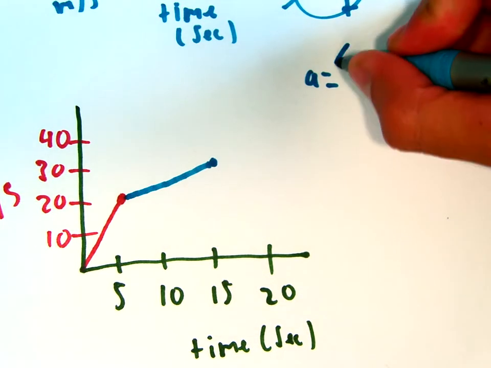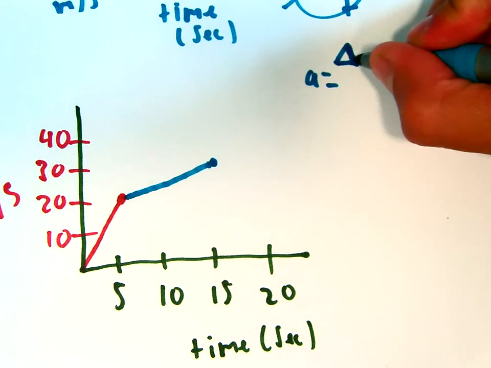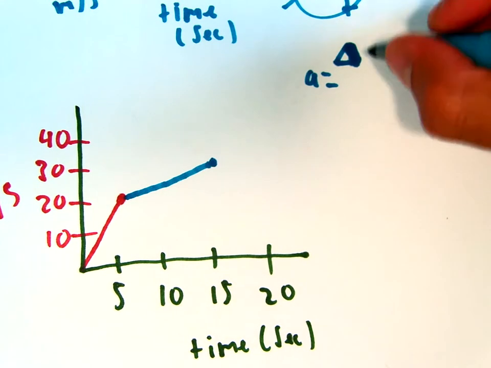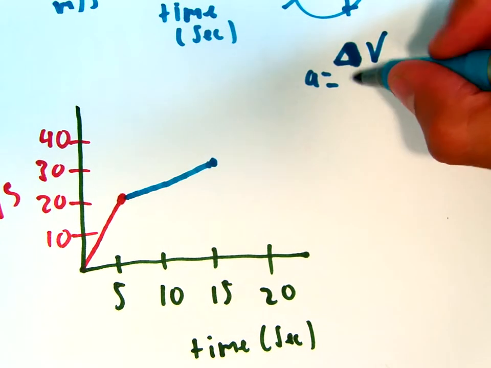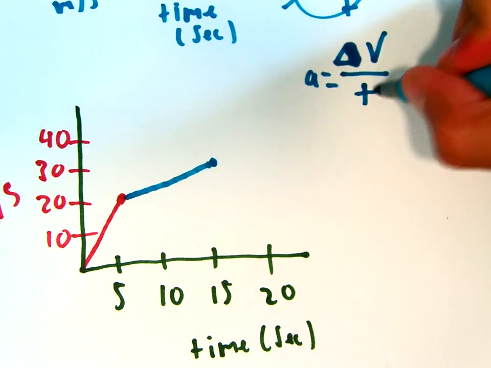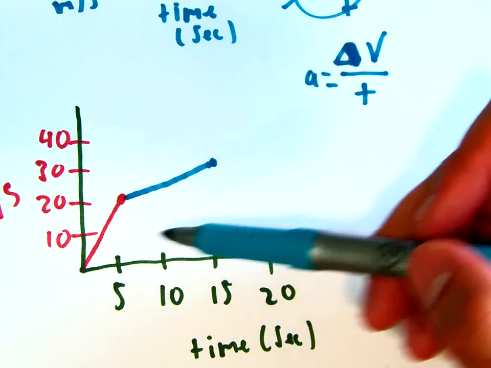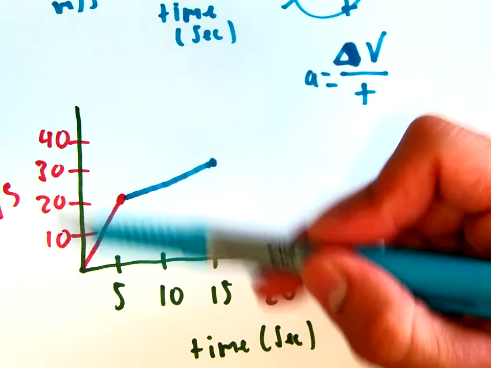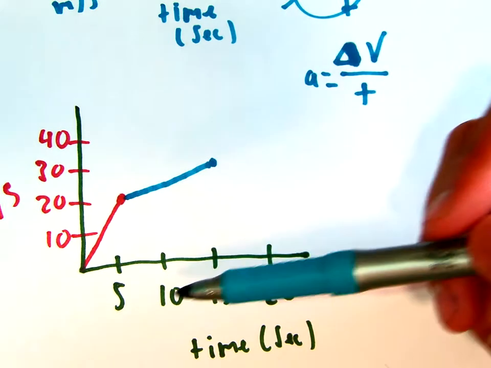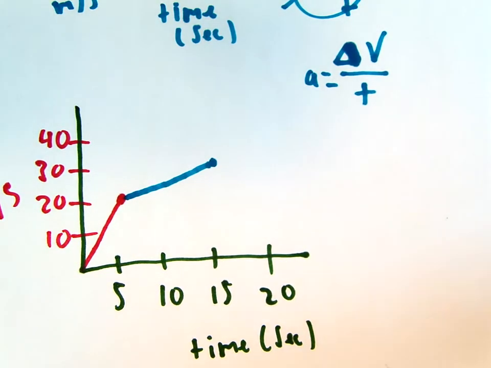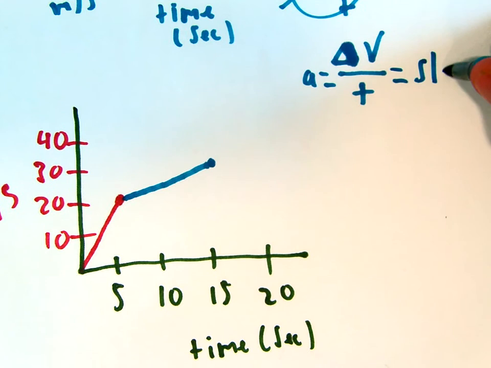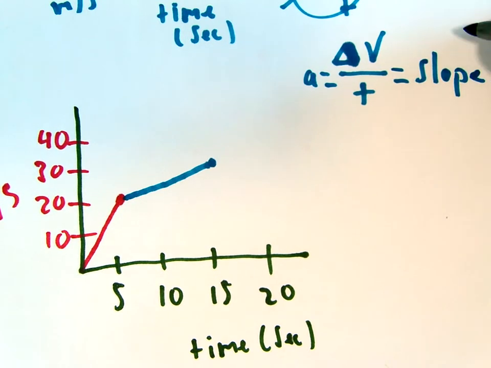Change is often represented by this triangle. That's called delta. That just means change. So my change in speed divided by my time, right? So my change in speed is here and my time is here. If I divide this by this, that's just rise over run. Same thing as when we're doing the distance time graphs, right? So my acceleration is just slope. Same thing as before. So that's why I said that first part is probably easy. It's just the same thing as rise over run again.